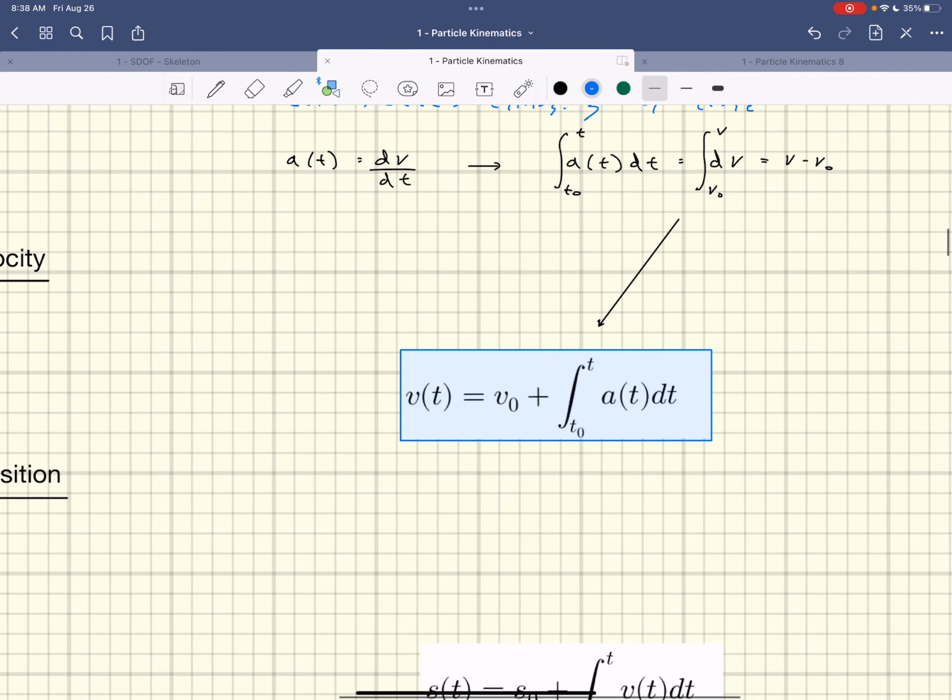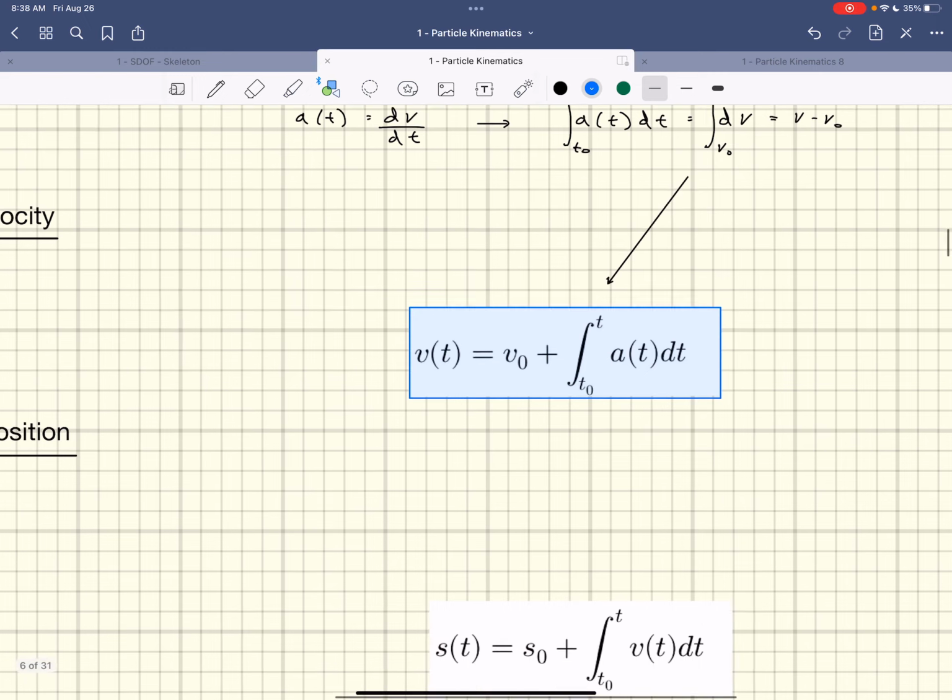So if I have acceleration as a function of time, and I want to go from acceleration to velocity, there's your equation right there. v of t is just v naught plus the integral of a of t dt from t naught to t. And that's as simple as I can get it right now, because what a of t is varies. It's just part of the problem statement what that acceleration is. Right now, that's as far as we can go.